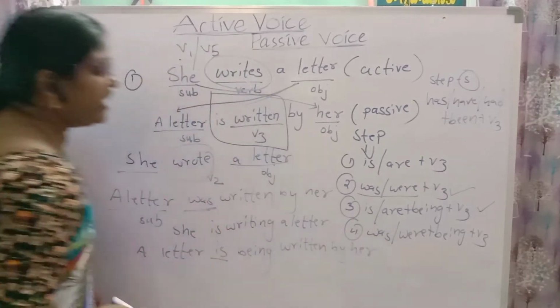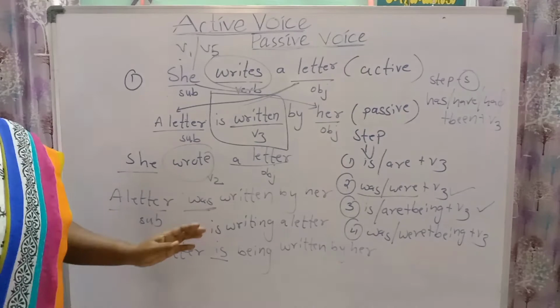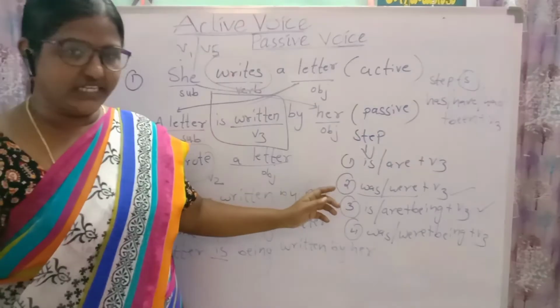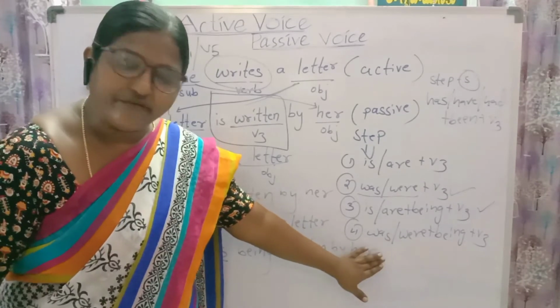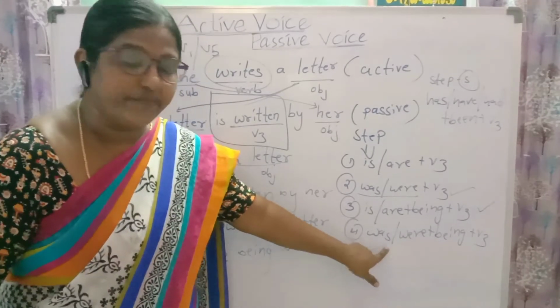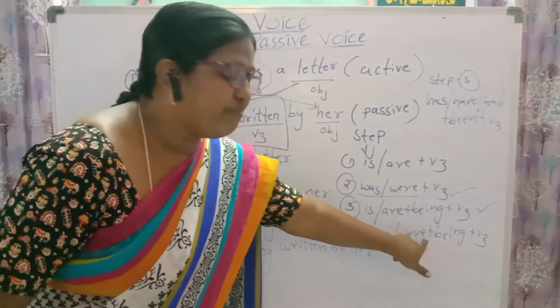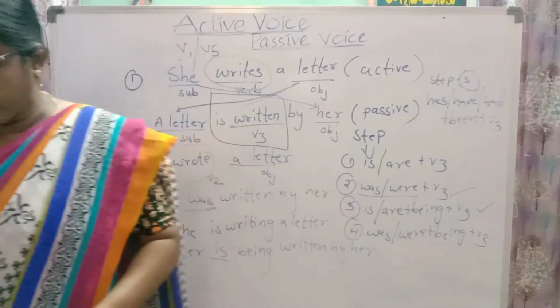In the same way, if the sentence is in past continuous tense, then we have to follow the fourth step, that is was plus being plus V3.